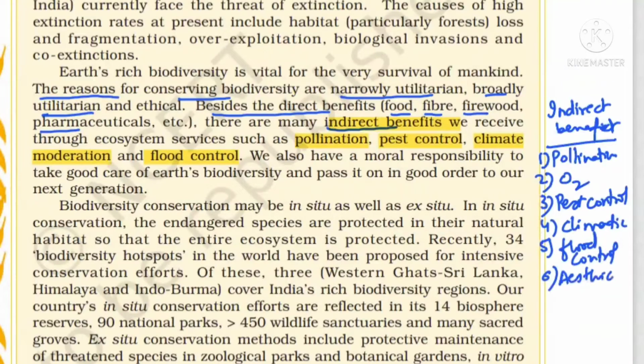So these are the indirect benefits beta. Three we studied: pollination, oxygen, aesthetic pleasure. The remaining three added here are pest control, climate moderation, and flood control. Is it clear? That's why I brought it here, so that you can check it. When they ask the question, students feel confused about where it is being asked from. It is not out of the NCERT, it is in the summary area, we have to match it.